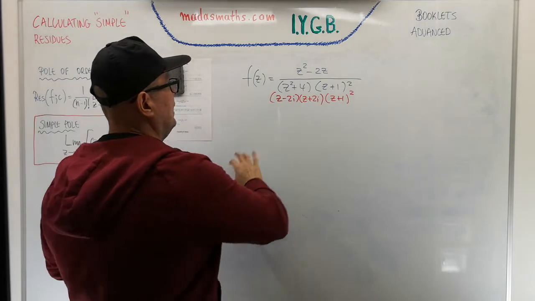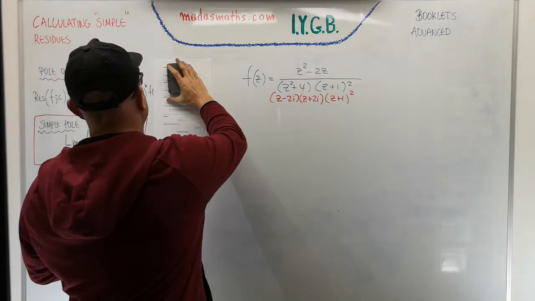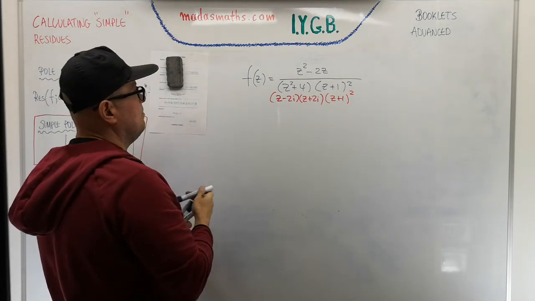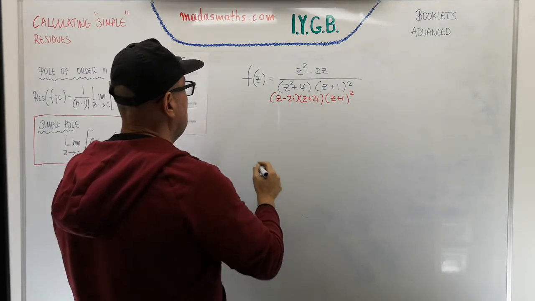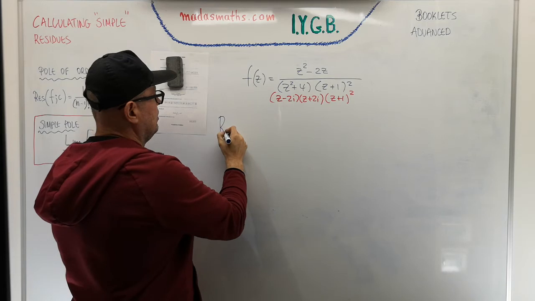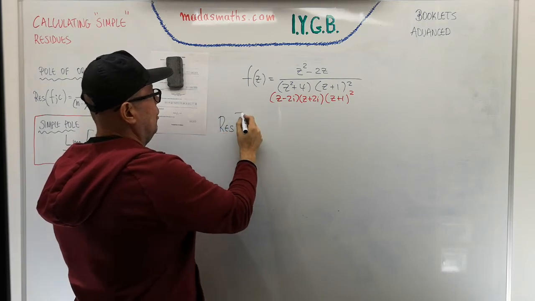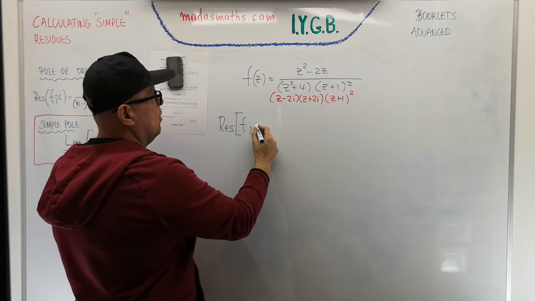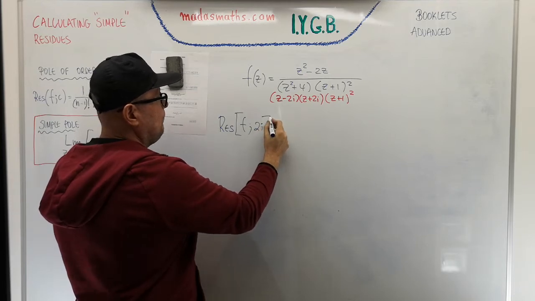Okay, it's going to be a lot of substitutions, and it's very likely to go wrong if you're not careful with something like this. So for this I have to be a little bit slow. First of all, we're going to compute the residue of f at 2i.